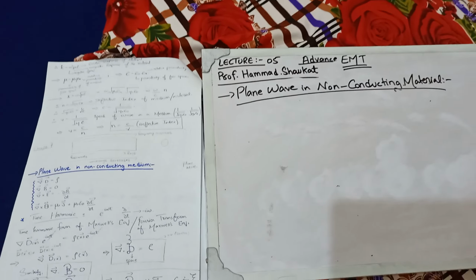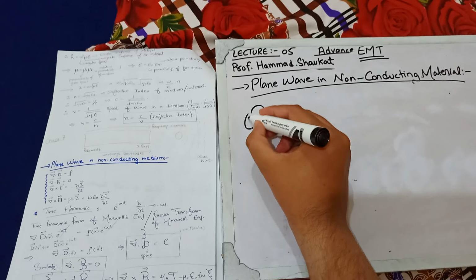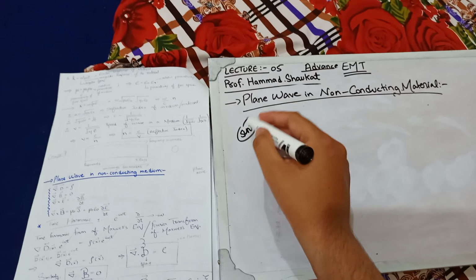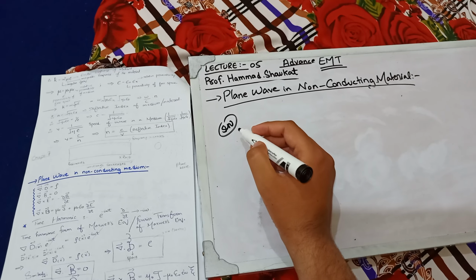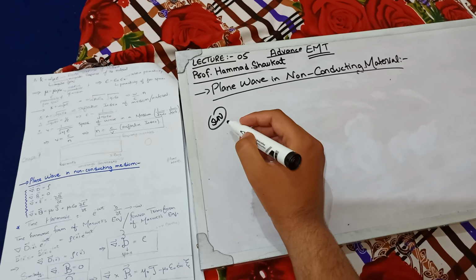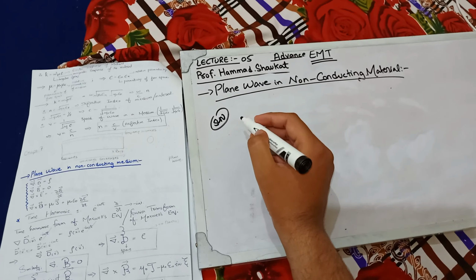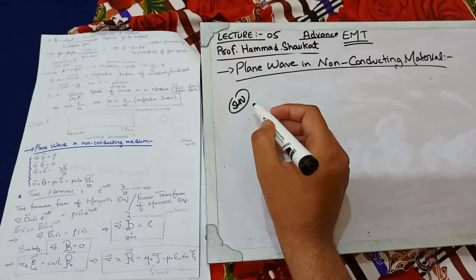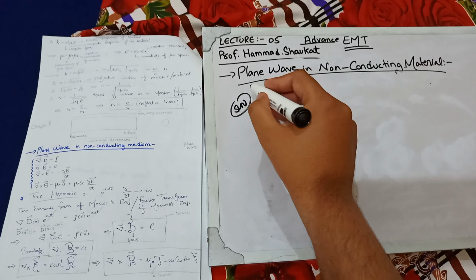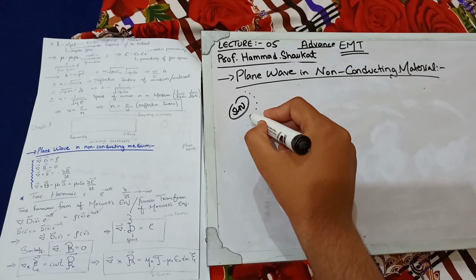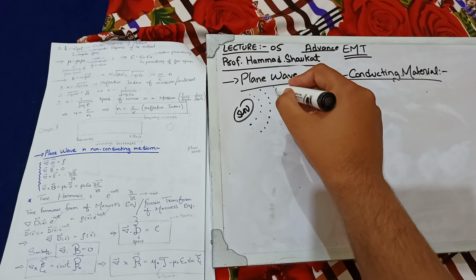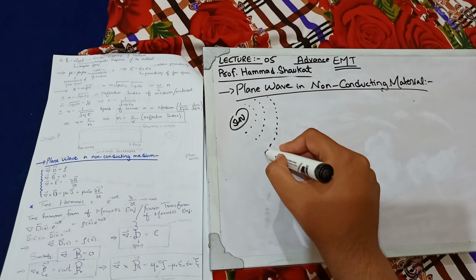You already know there is some medium that can generate waves. Suppose the medium is our sun, and it generates many waves. We assume the sun is spherical in shape. So when it emits fields, or waves, because the source is spherical, near the sun the waves are spherical.